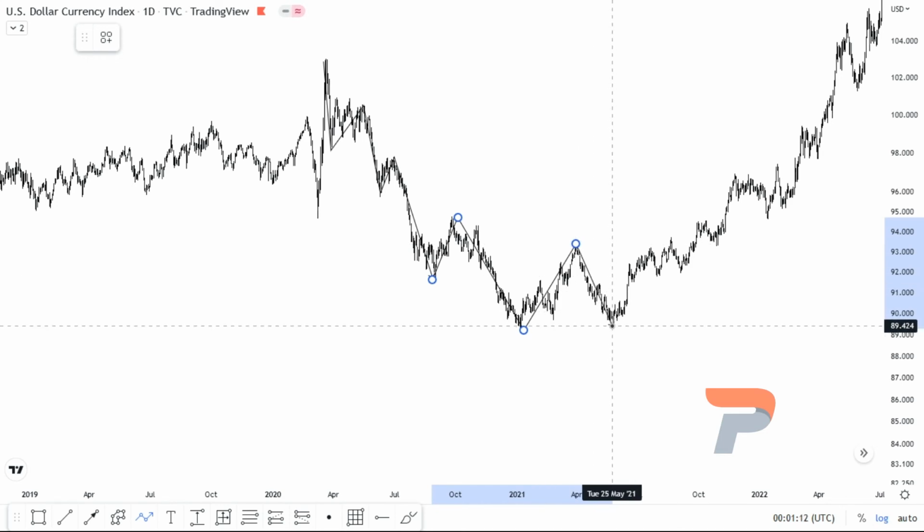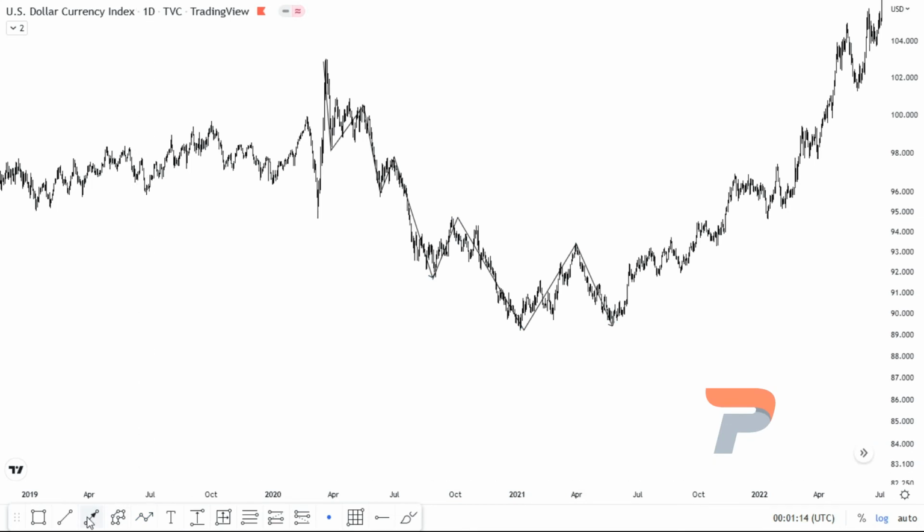The market failed to break our lower low. The market failed to break our lower low. So this was a lower low, this was a lower high. And then what did the market do? For the market to continue bearishness, we need to break this lower low to continue. But then the market did not break. It failed to break this lower low.